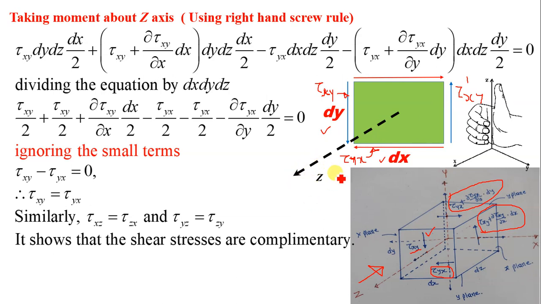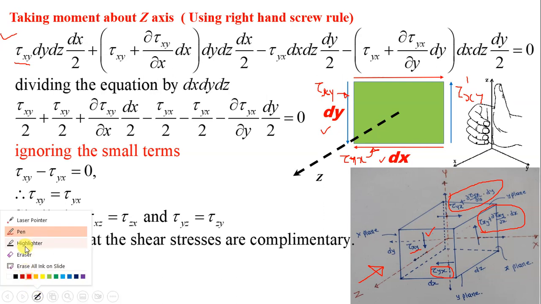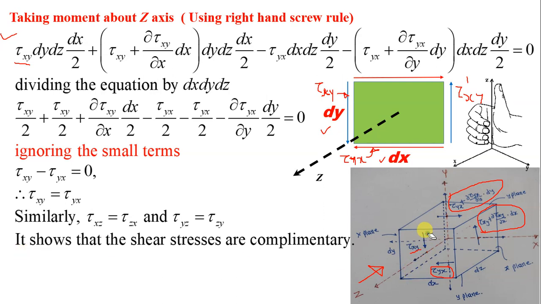So let us take moment about z-axis. First stress is tau xy. Now we can convert stress into a force by multiplying it by the area on which the stress is acting. So stress tau xy into the area on which it is acting. Now I will erase all other details for better understanding.